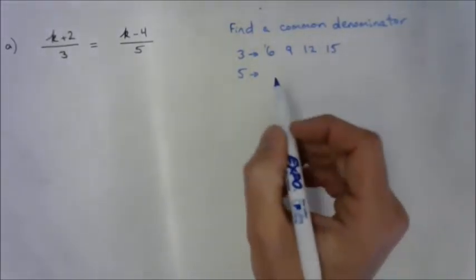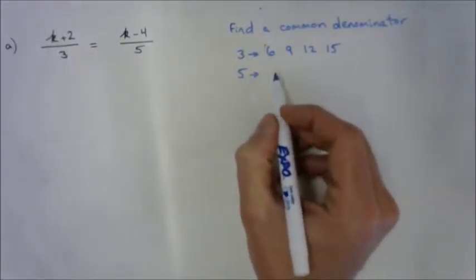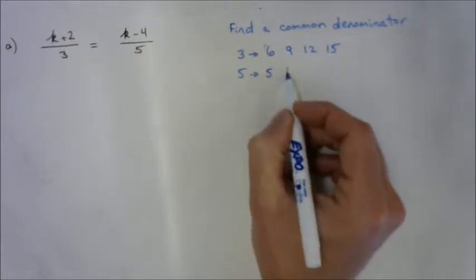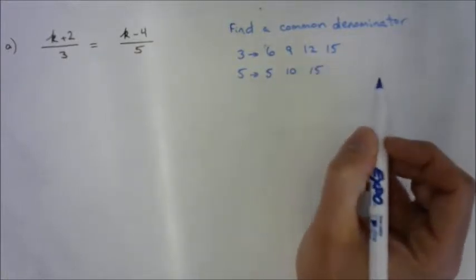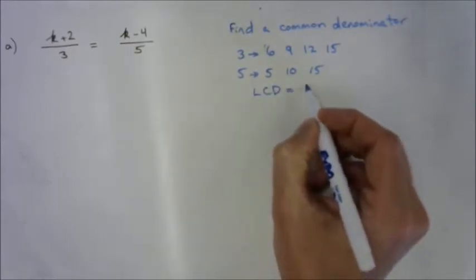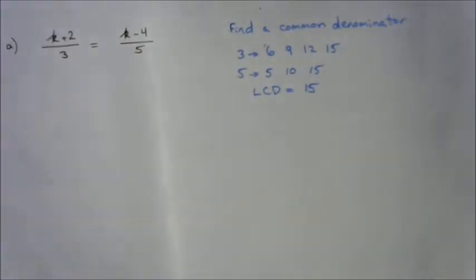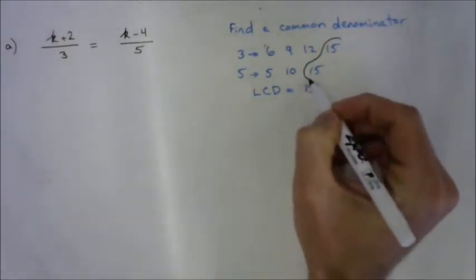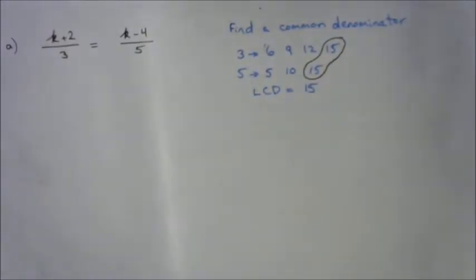I could keep going, but we know we don't need to. For 5, the multiples are 5, 10, 15. LCD equals 15. If you already know this, then you don't need to show it. But now watch what happens, okay?